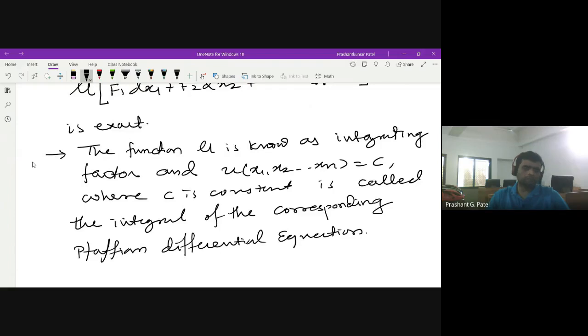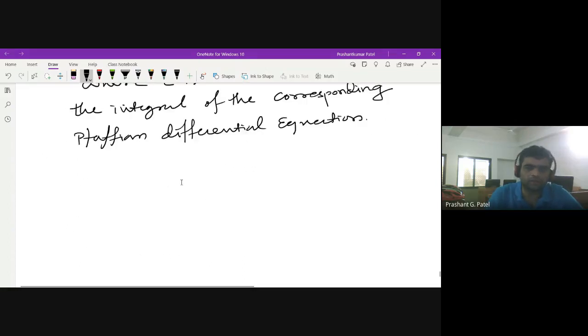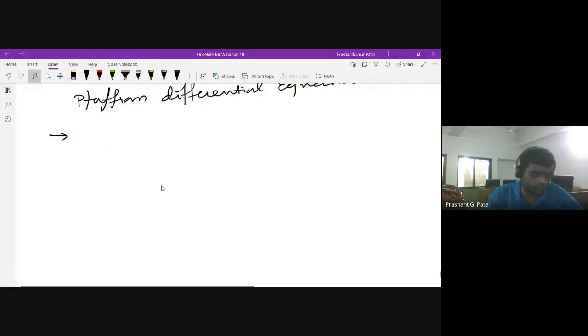And we can say that a differential equation is said to be exact if the Pfaffian differential form is exact, and the surface u of x1, x2, up to xn equal to constant is a surface in Rn. We have some notes here.